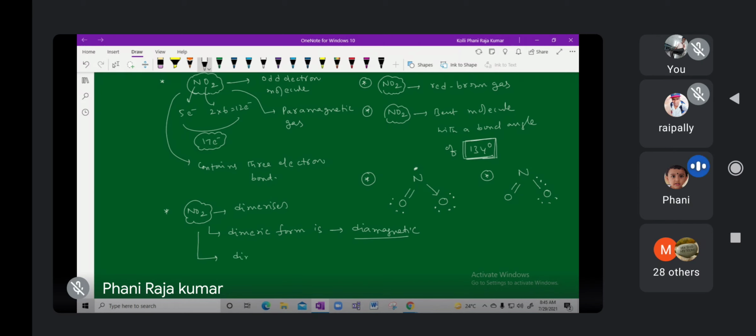The dimeric form, a very important compound, is N2O4, dinitrogen tetroxide. I want to discuss a few points about this N2O4.